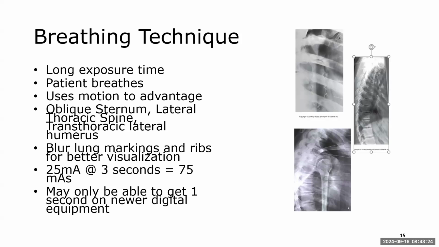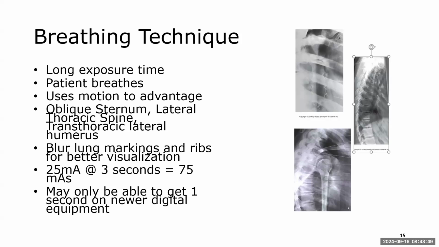So if you set a breathing technique, then you're purposely going to use a very, very low MA and a very, very long time, so that your exposure is 2 to 3 seconds long. What we're doing there is actually using motion for our benefit.